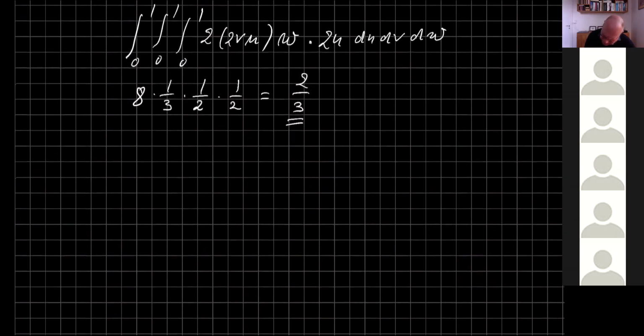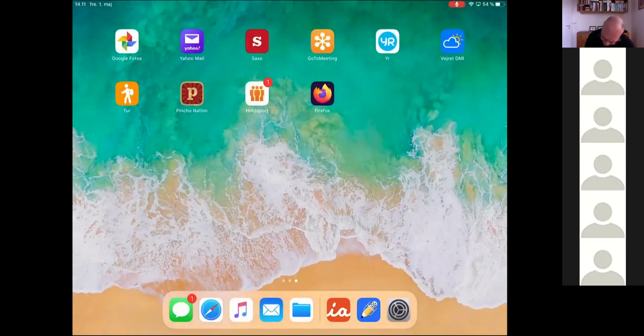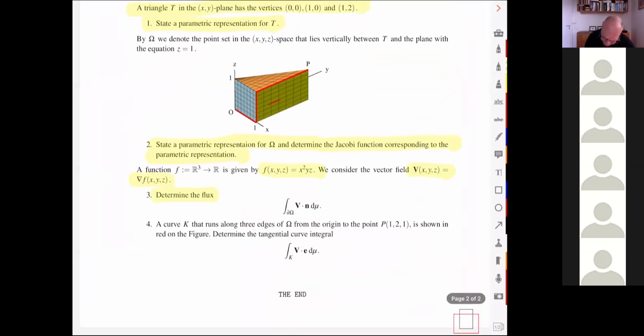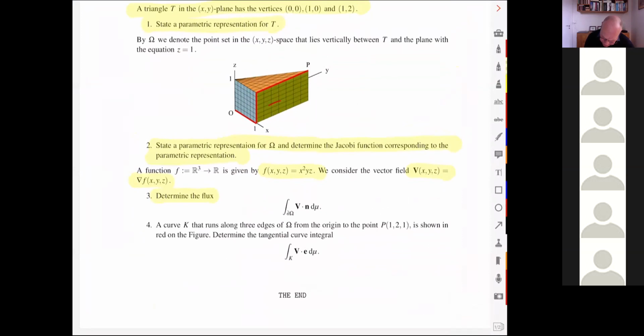Okay, let's take the last question. A curve K that runs along 3 edges of sigma from the origin to the point P is shown in red on the figure.